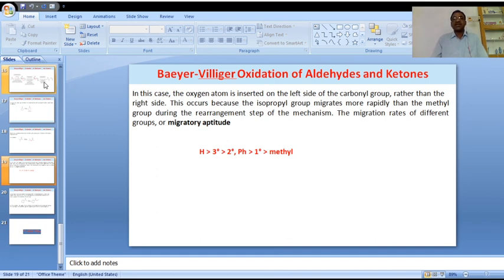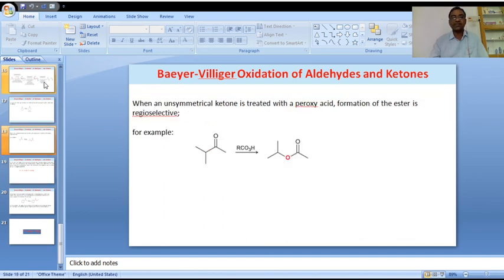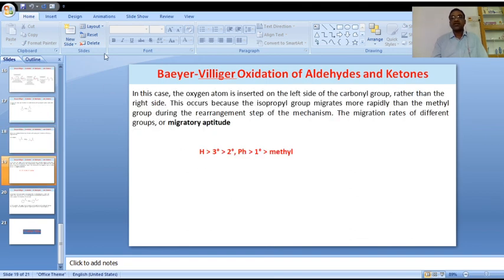This occurs because the isopropyl group, this branched chain, migrates more rapidly than the methyl group on the other side, during the rearrangement step of the mechanism.